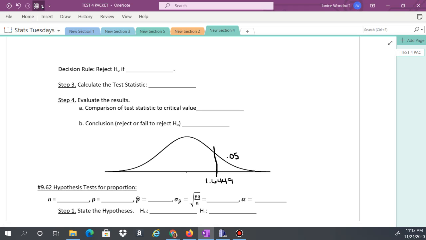Okay, which means my rejection region is going to be greater than this value in this red here. So we will reject if our Z value is greater than 1.6449.